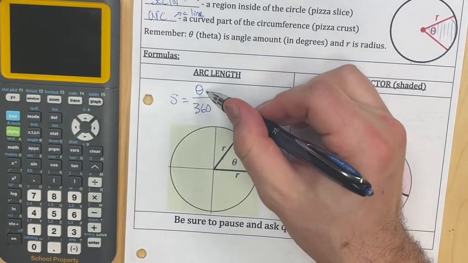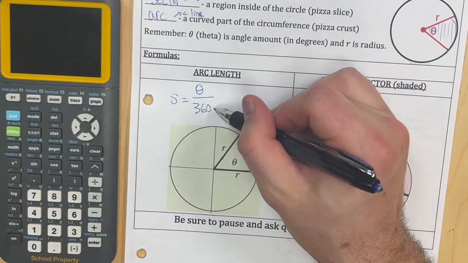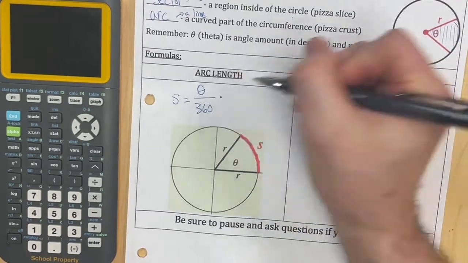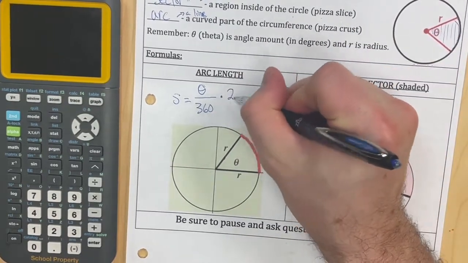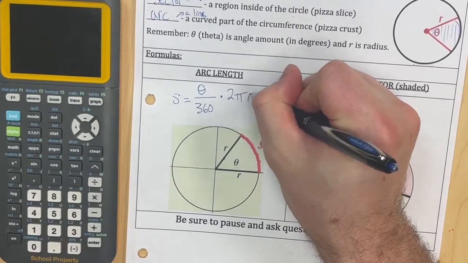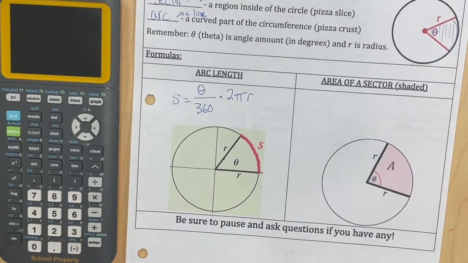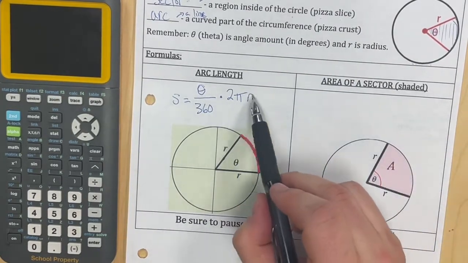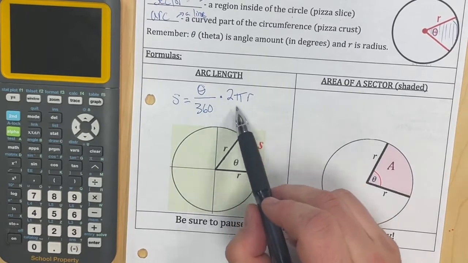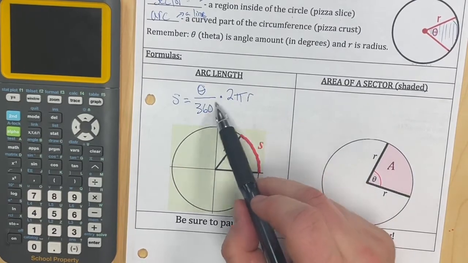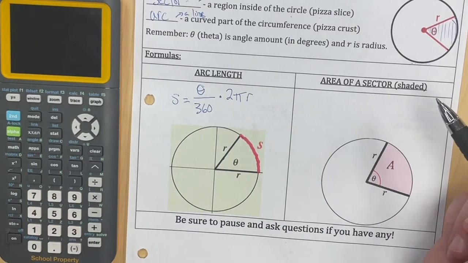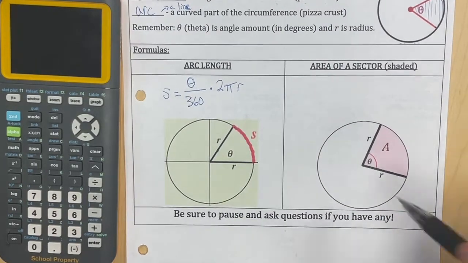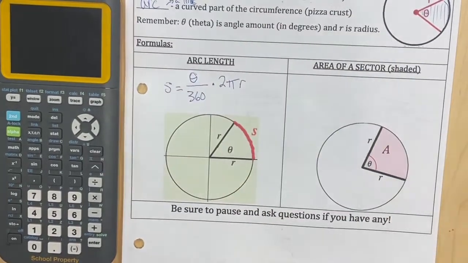So angle amount over 360, and then times 2 times pi times the radius. Notice how it's essentially the circumference formula, but we're just using that angle amount. So S is going to be that arc length.